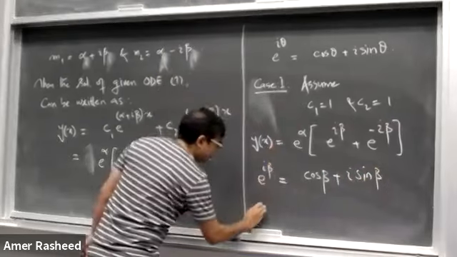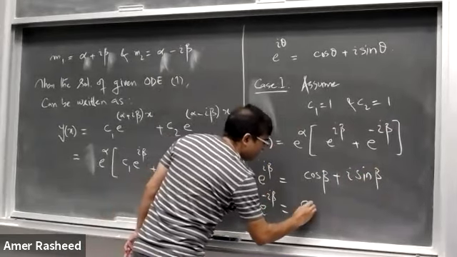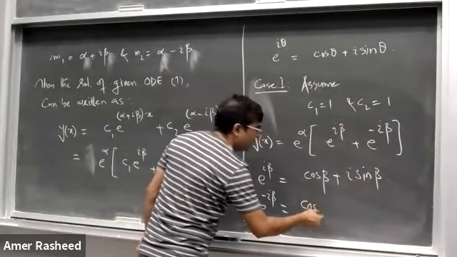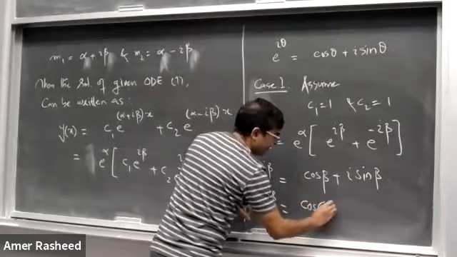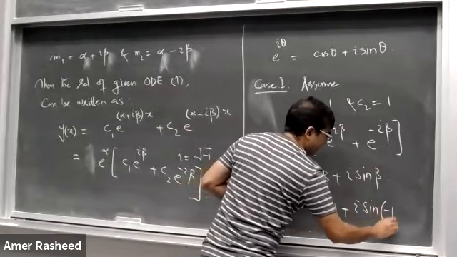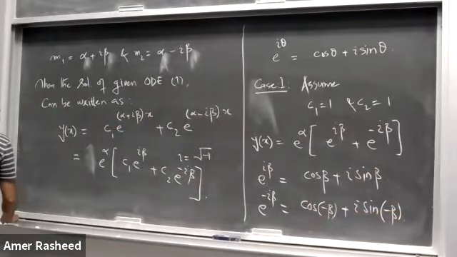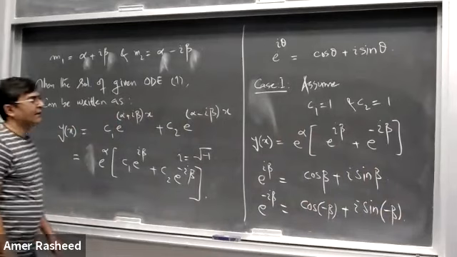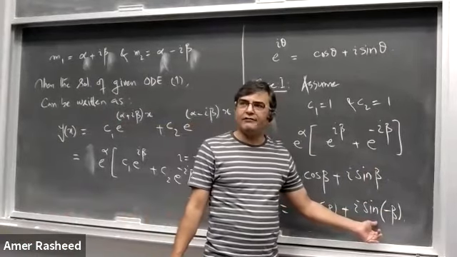And again, e raised power negative iota beta is cosine of negative beta plus iota sine of negative beta. Now, I hope you know that cosine is an even function and sine is an odd function.